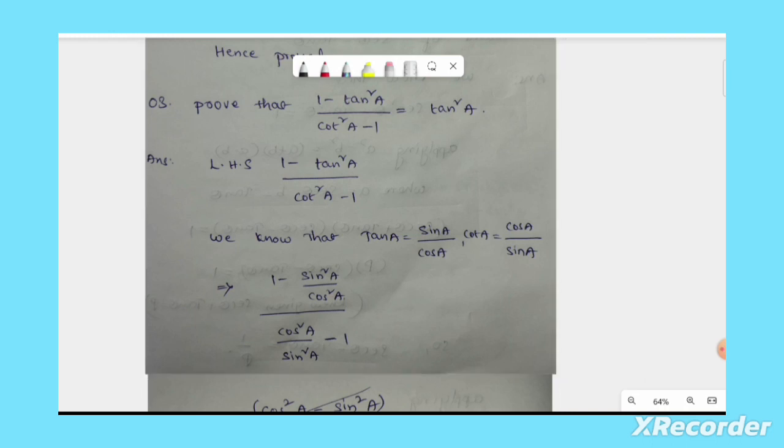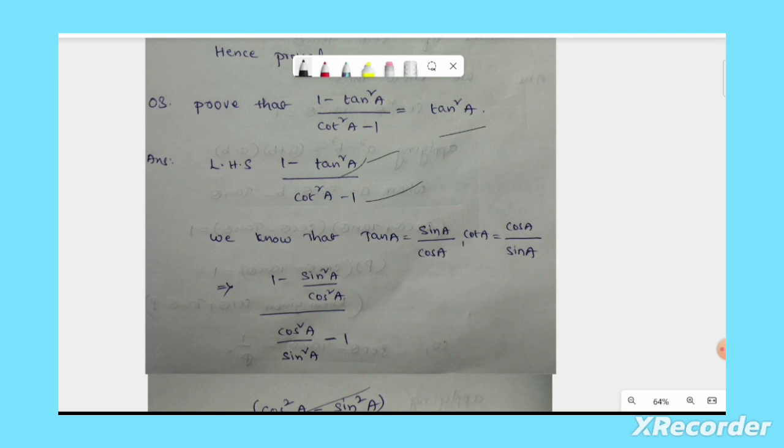So what I am trying to do here is write tan theta as sin by cos and cot theta as cos by sin, because if in the end I get the value in terms of sin and cos, then I can make it equal to tan square. That is the reason I am writing it as sin and cos.